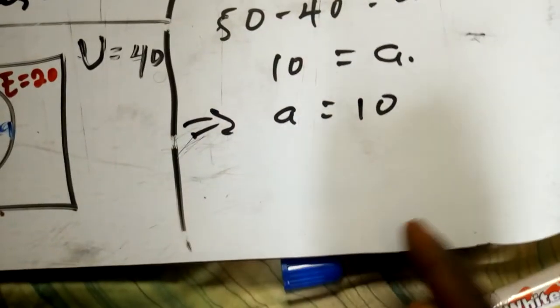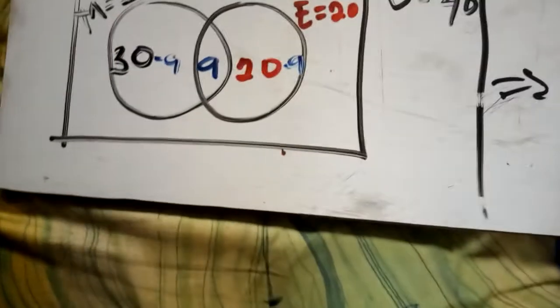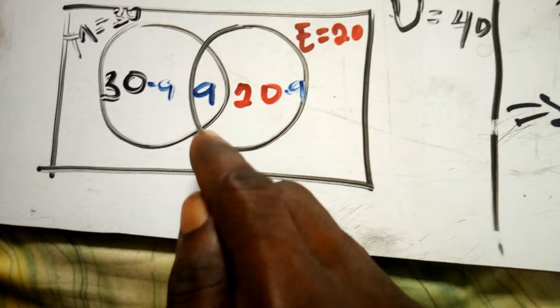So when I turn it the other way around, we are not looking for a. That is one thing you have to know. The question is, this a, where does it belong on the Venn diagram? It belongs in the middle, and they are doing the two things.